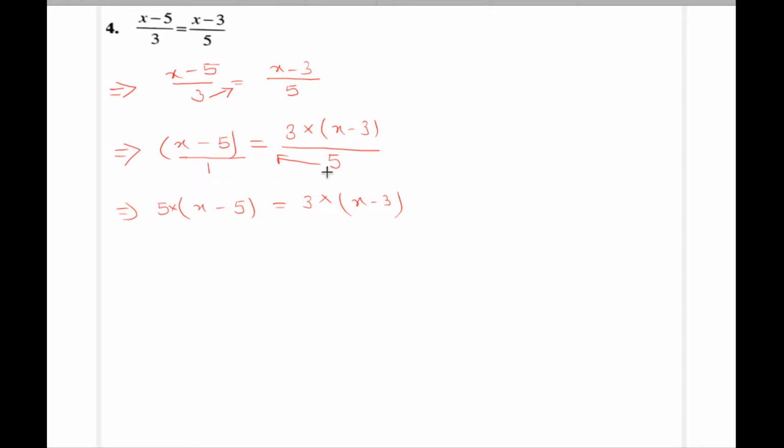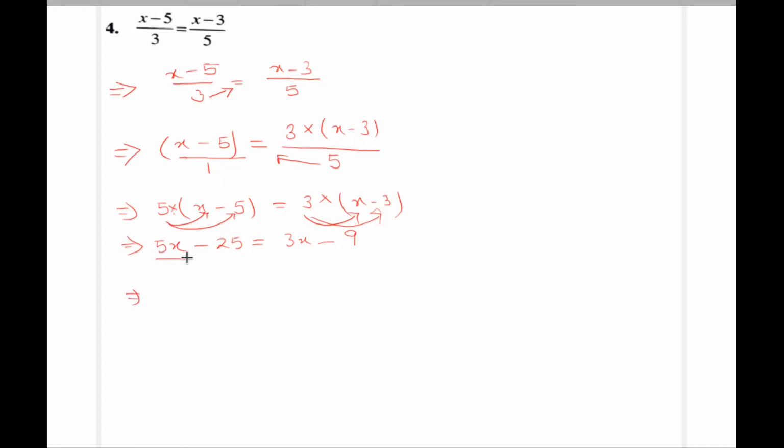So when we are bringing this denominator to the other side, it will come to the numerator, in multiplication form, as it is in division form. Now we just have to solve it. So by the distributive property, 5 multiplied by x is 5x, minus sign, so minus 5 multiplied by 5 is 25. Now 3 multiplied by x is 3x, again minus sign, 3 3s are 9.